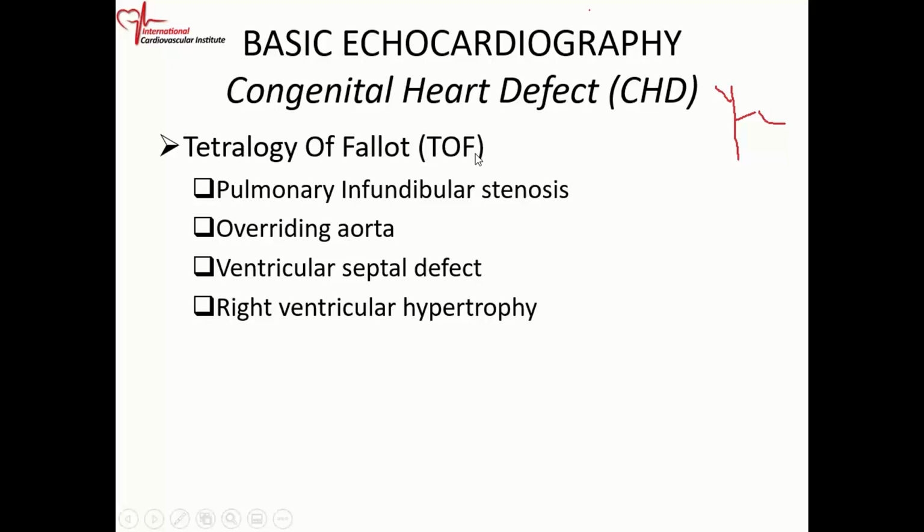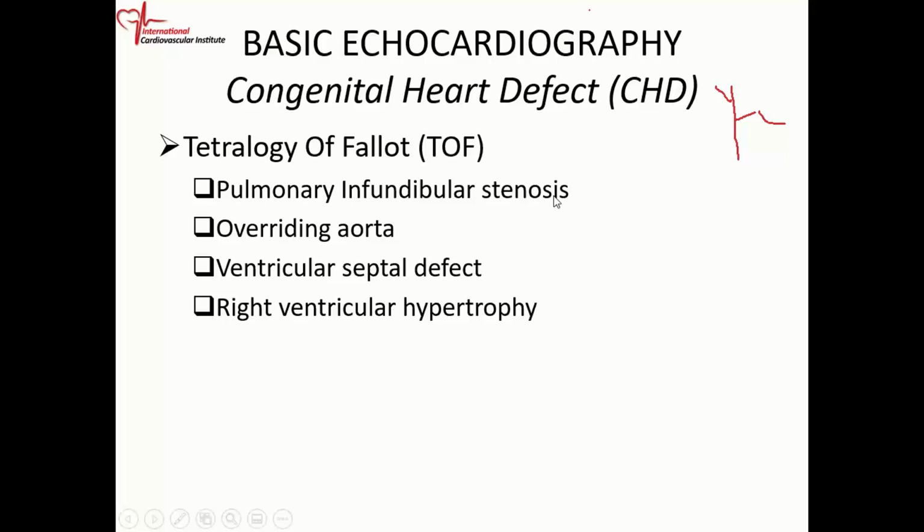Pulmonary infundibular stenosis, that is where you have the right ventricular flow tract, it is stenotic, and you can have varying degrees of stenosis. So the indication to intervene in a patient with tetralogy of Fallot is dependent on the amount of pulmonary infundibular stenosis, the amount of stenosis you have at the right ventricular flow tract.